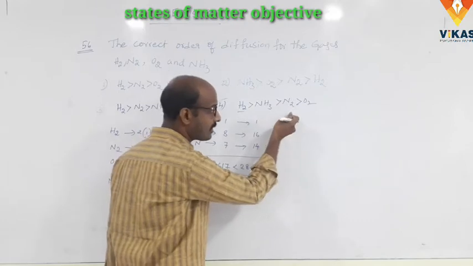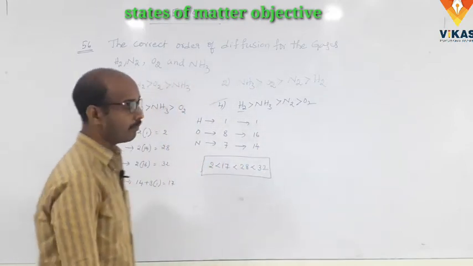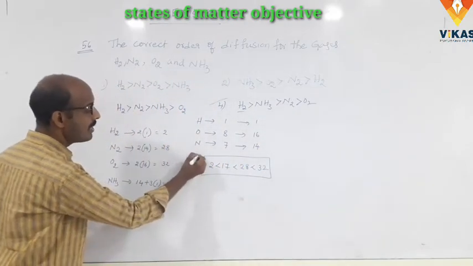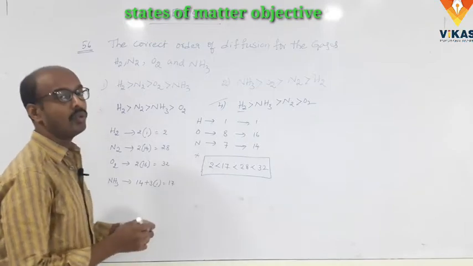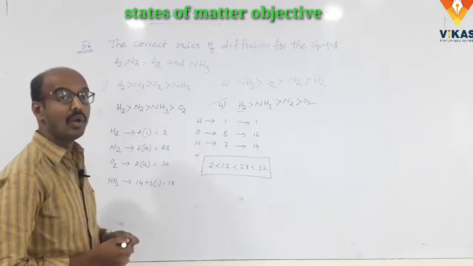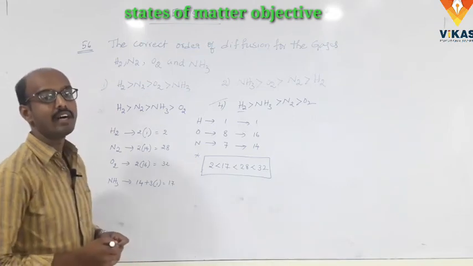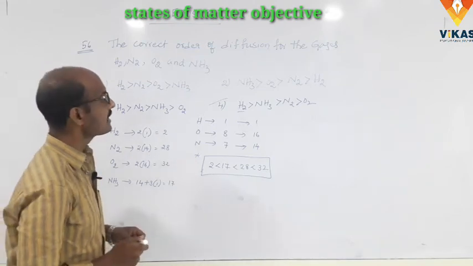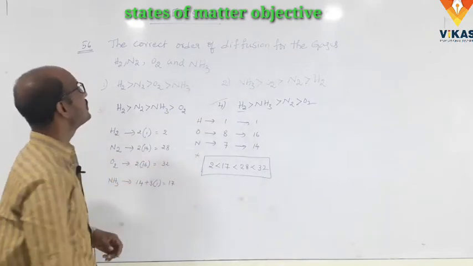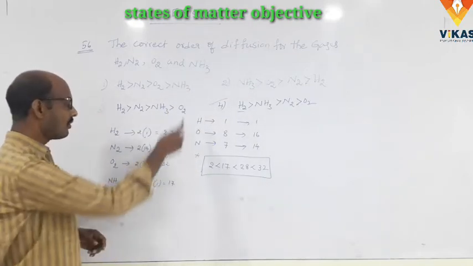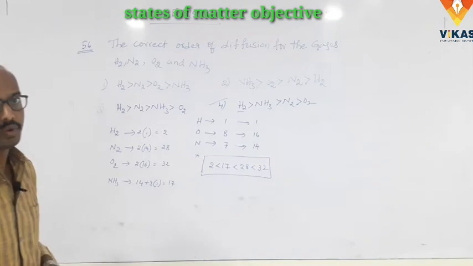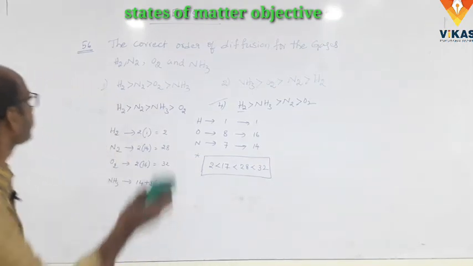Next, NH3 has molecular weight 17 among these 4, so the second highest rate of diffusion is ammonia, then nitrogen, and finally O2. Mainly, any molecule having the lowest molecular weight has the highest rate of diffusion. So the correct order of H2, N2, O2, NH3 is given by the fourth option.